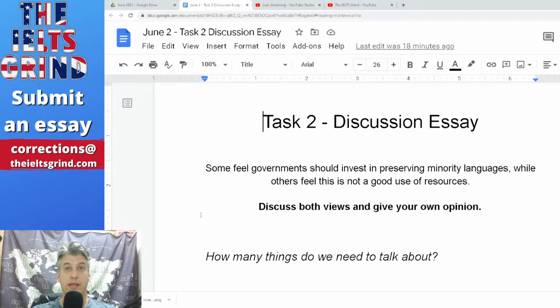So we are looking at this essay, and it's a discussion essay. Now, how do we know that exactly? Well, the clue is always in this part of the essay. The actual question part could be exactly the same, but if we were to change this part of the task, it would change the type of essay that we have to write.